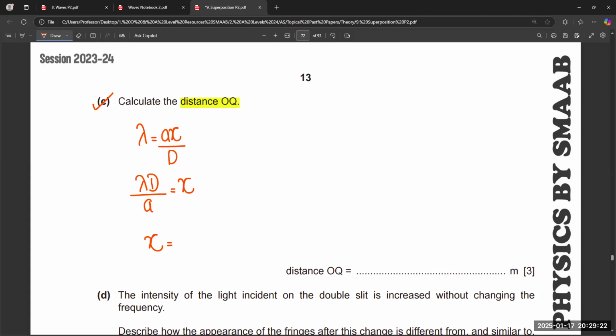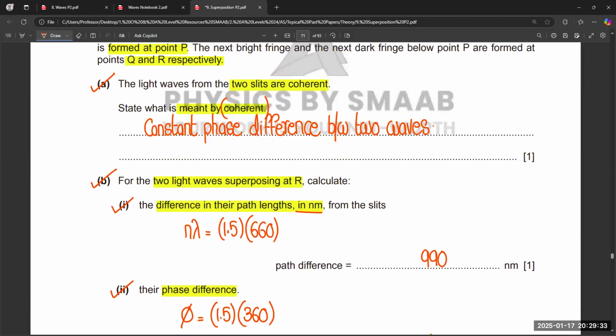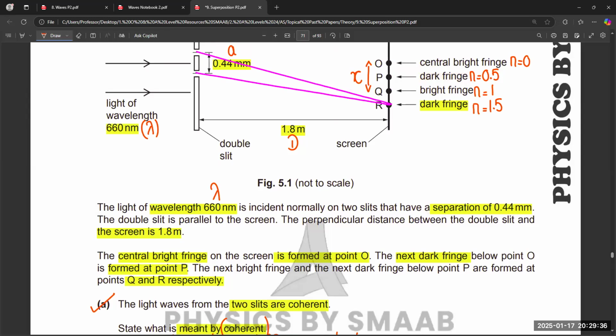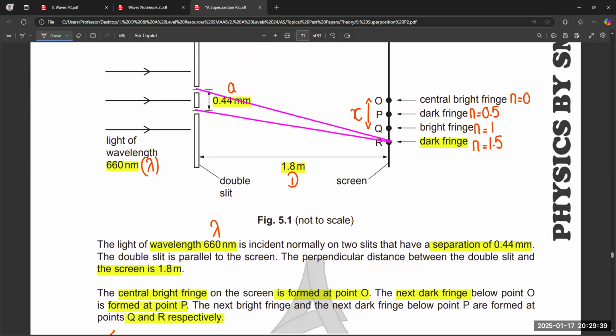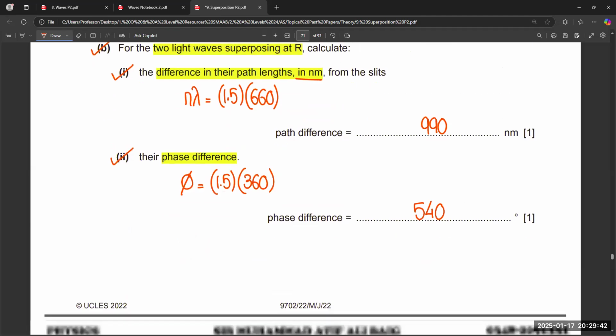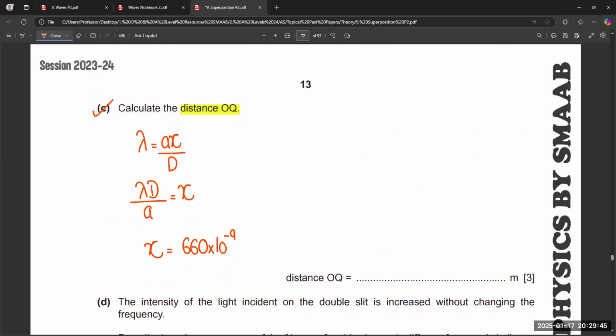So lambda is 660 nanometer. This time we need to convert. Nano means 10 to the power -9. Capital D is 1.8 and a is 0.44 millimeter, so we also need to convert it. Milli is 10 to the power -3.